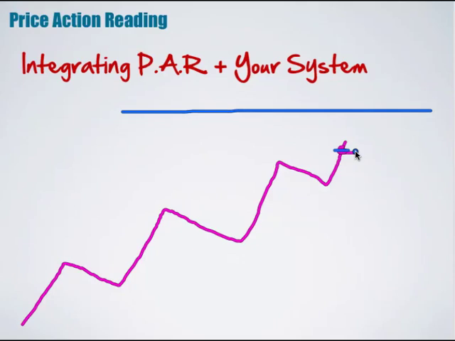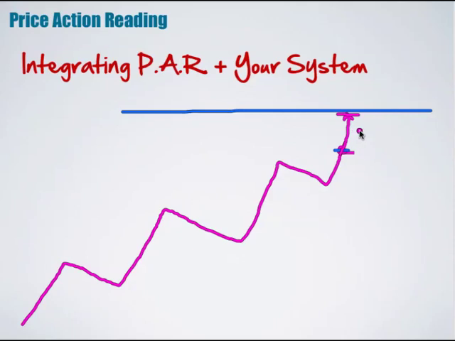Well, an interesting solution to this problem would be to simply wait for price to swing all the way up to this level, actually hit that level, and then simply trade the market reaction of that level.